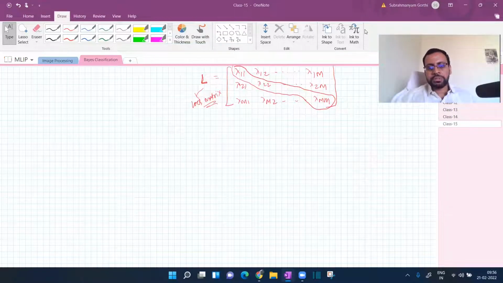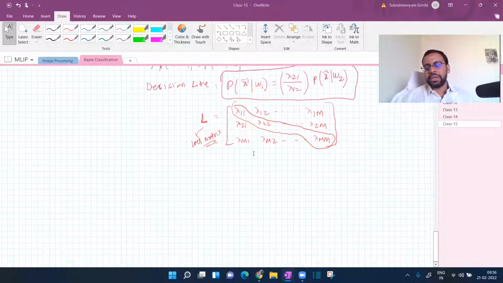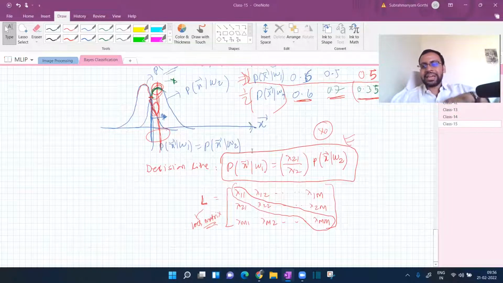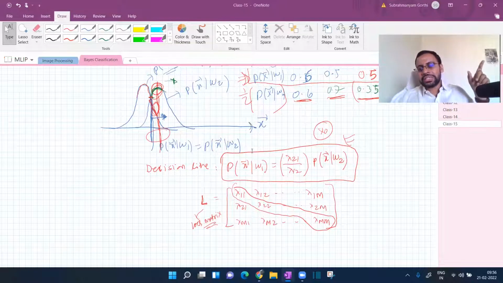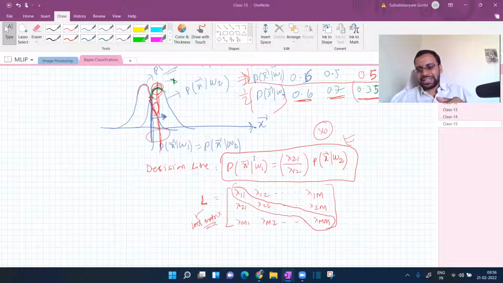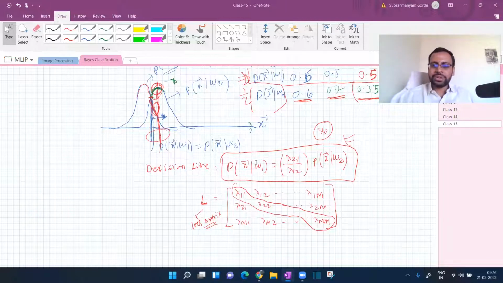Yeah, the expression is only for equiprobable classes. Well, we derived a general expression, but from there, to make any interpretations and inferences, and connect it to the special cases that we discussed in the last class, I again came to a special case here. Otherwise, I could have introduced the probability of omega 1 and omega 2 also.